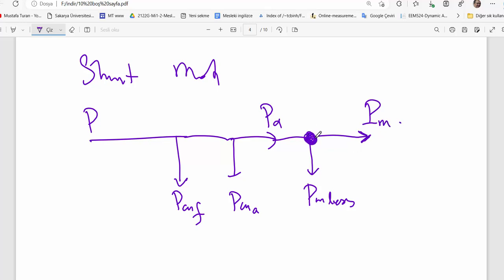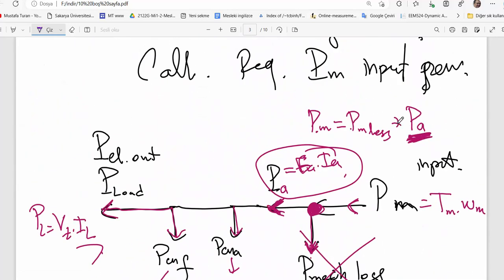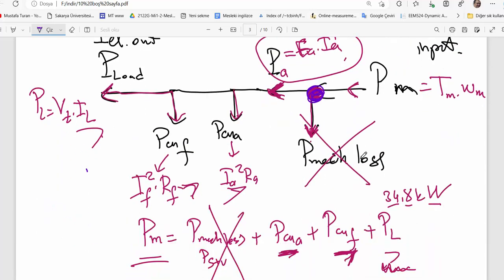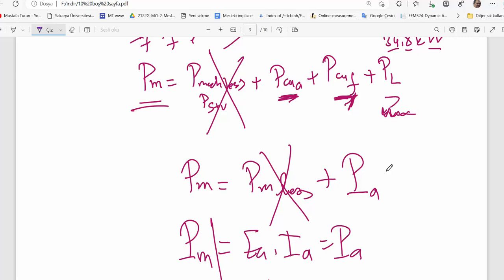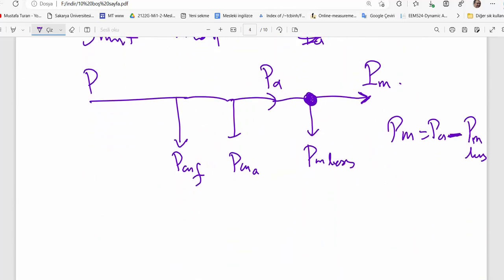The equation for this node: mechanical output is equal to PA minus PM, mechanical losses. Here you see it is minus, but there it is positive. You should consider the operating mode and power balance, otherwise you will make a mistake. You should take care on this.